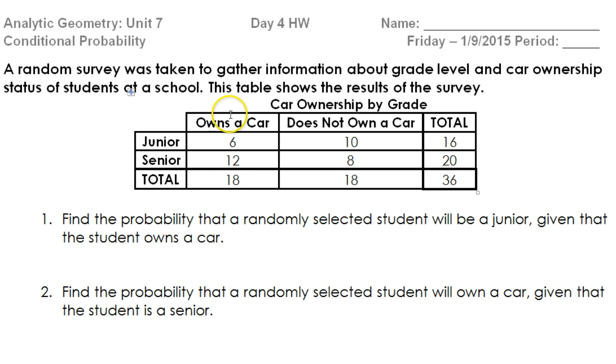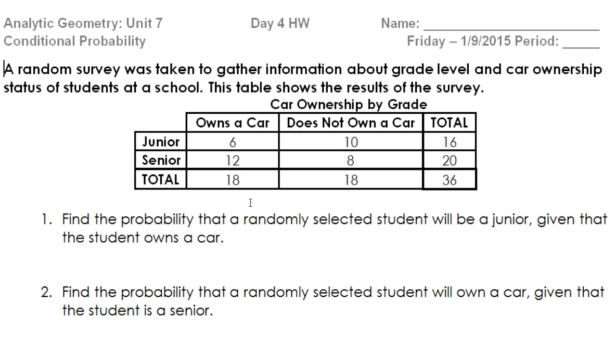In this column we have owns a car, does not own a car, and then totals. So this 6 represents the number of juniors in the survey who owned a car. And apparently 10 juniors did not own a car. Notice that's a total of 16. Okay, so you get it.